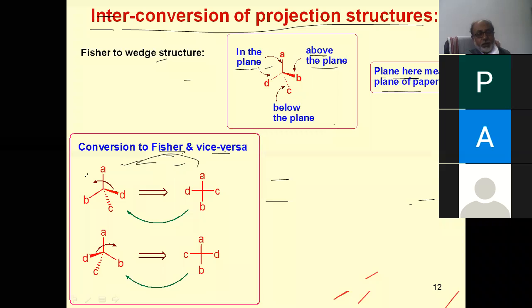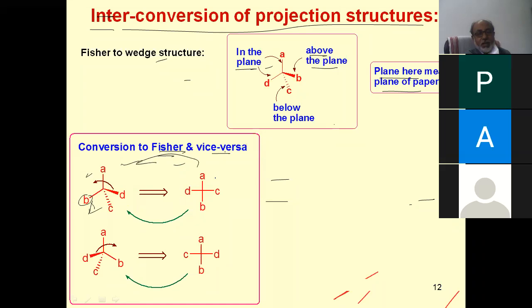Now, see here. This is suppose your wedge projection. How to do it? Just as if you make it straight, bring it down. So when it comes down, A is there on the top, B will come at the bottom. Then you look for the group which is above the plane.